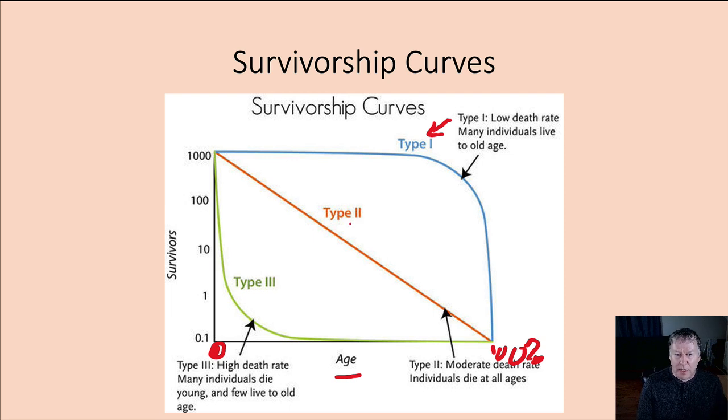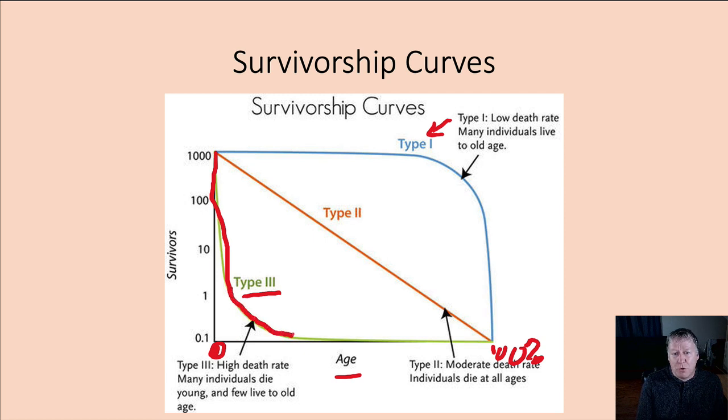Let's contrast that with type 3 survivorship curve, so the opposite extreme. On this curve, the vast majority of individuals die very young. You can see here, most of our individuals have died within the first 10% of the length they can live.